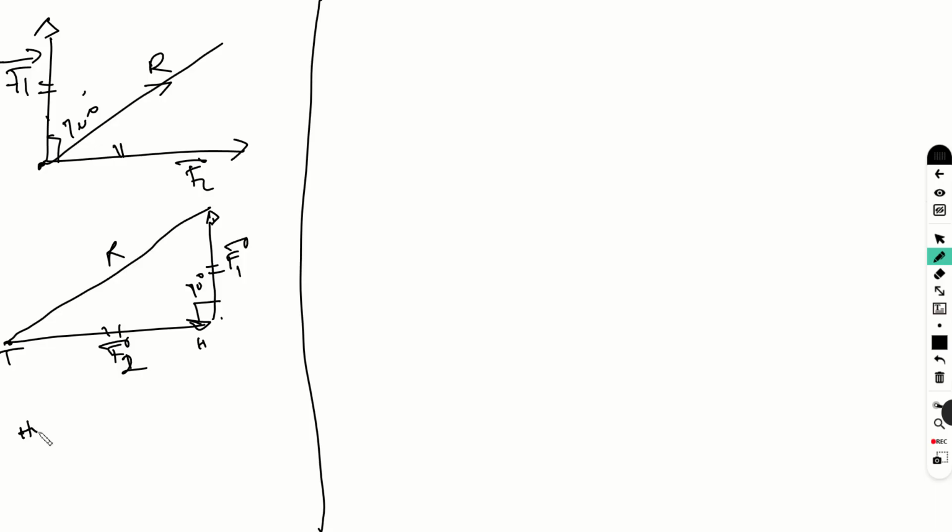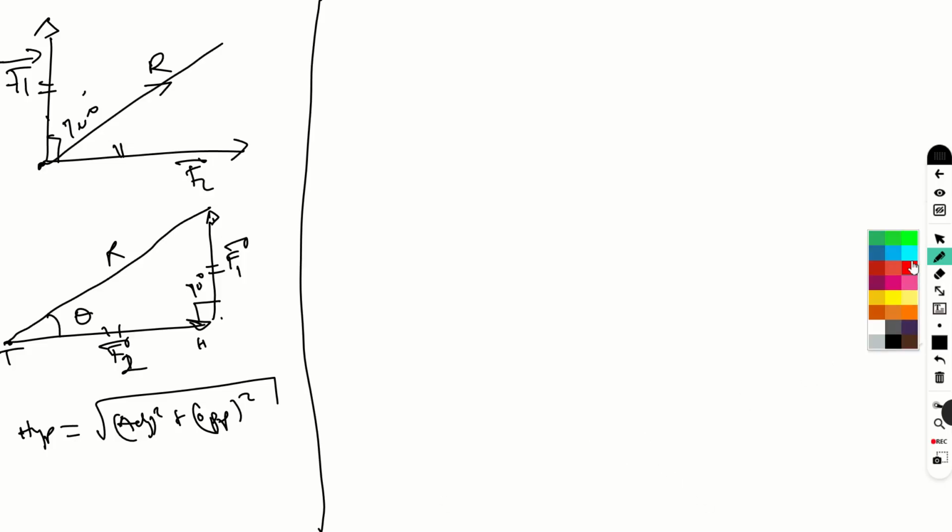So hypotenuse by Pythagoras theorem is equal to the square root of adjacent squared plus opposite squared. At times they're always asking you to, we can give an angle theta, which is the angle between the forces F2 and F1. So in applying this Pythagoras theorem in this case, R represents the hypotenuse.